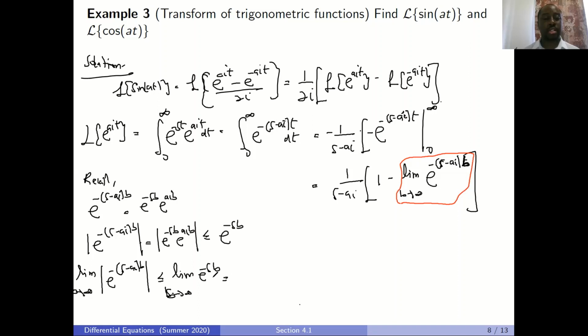And as long as s is positive, this limit here is going to go to 0. Okay, and so since this function converges absolutely to 0, we know that it converges to 0, and so we have that the Laplace transform is 1 over s minus ai, where the only requirement is for s to be positive.